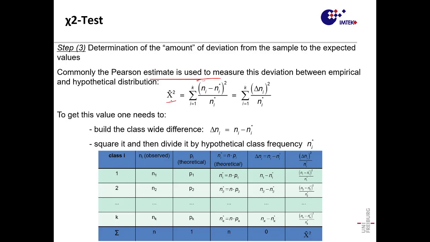And how do we do that? We have to build a table like this, and I know that this might be a little bit messy at the beginning, but you will see with an example much easier. First, you have your bins, and then you have to find the height of each bin. This is something that you observe from your data, and this comes here. Then you have your theoretical distribution, and you say which one will be your theoretical value, and you put it here.